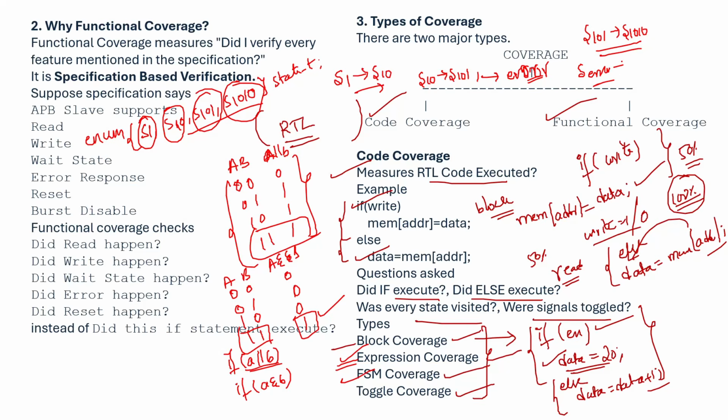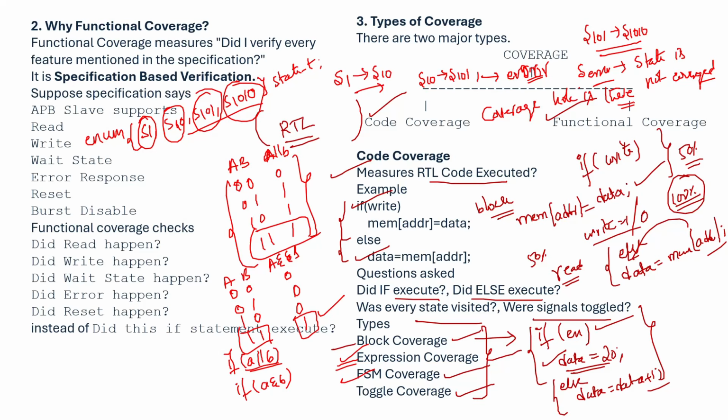Then is that verified 100%? No, right? Then a coverage hole is showing, and that coverage hole you need to verify and fix. That will tell you the FSM coverage.